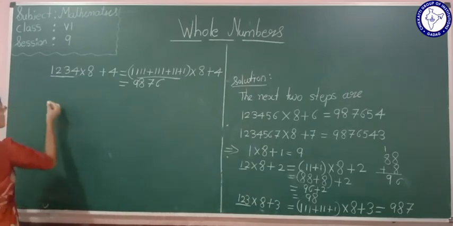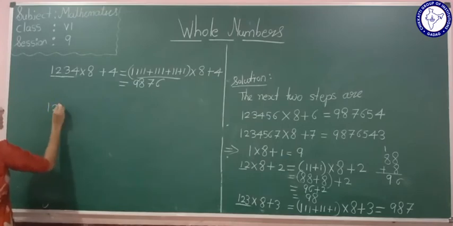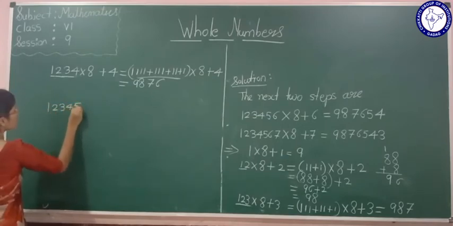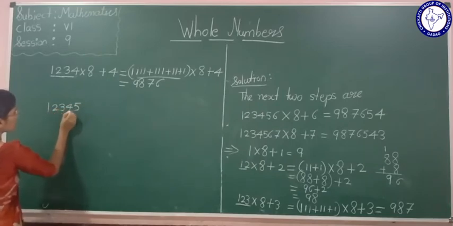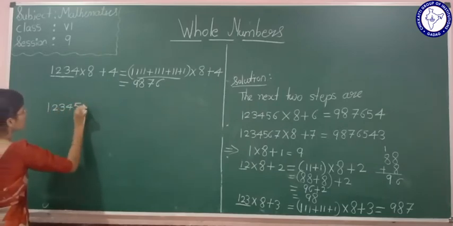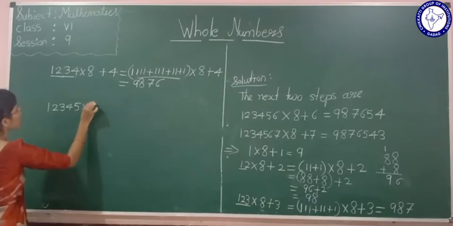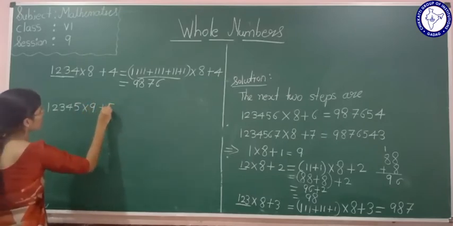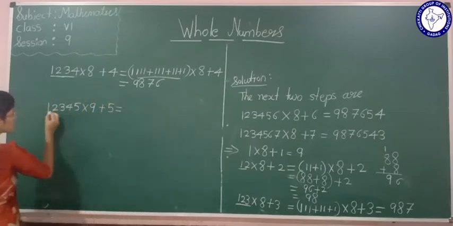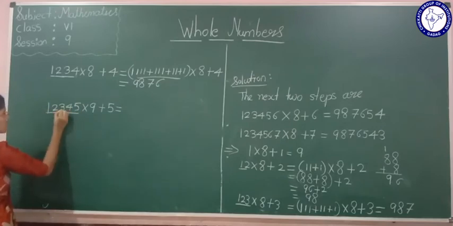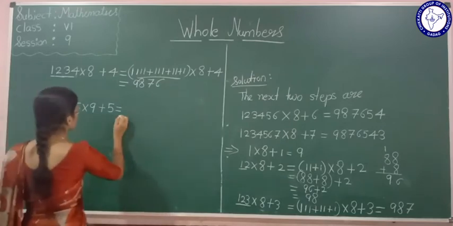In a similar way, it will be 12,345 multiplied by 8 plus 5.